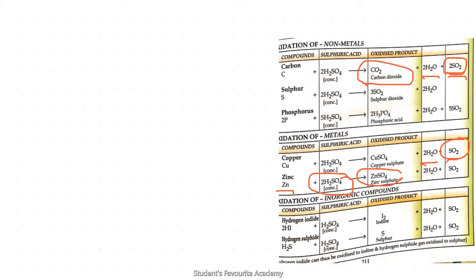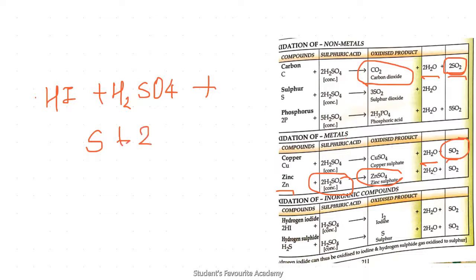So what are the inorganic compounds, children? The example taken here is hydrogen iodide. So HI, when reacted with concentrated sulfuric acid, what is being liberated, children? The sulfur is getting liberated, and the side products continue to remain the same.